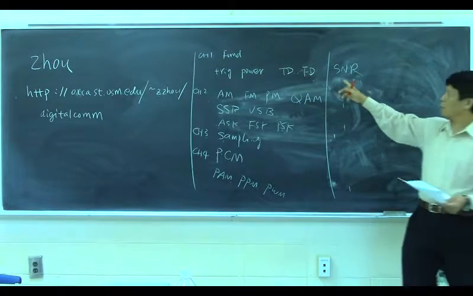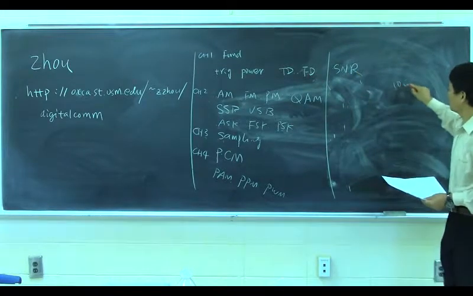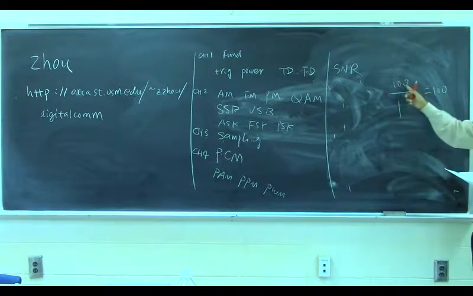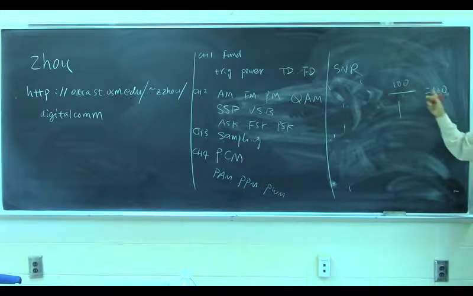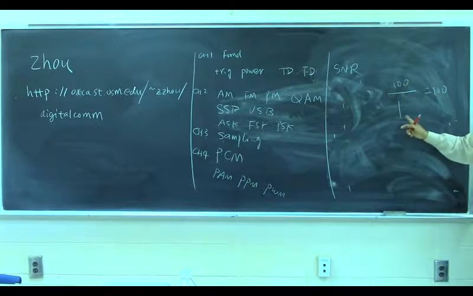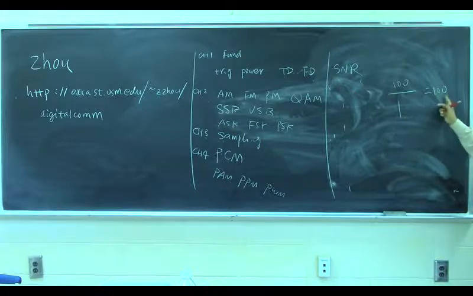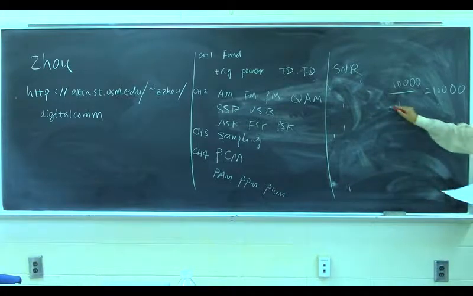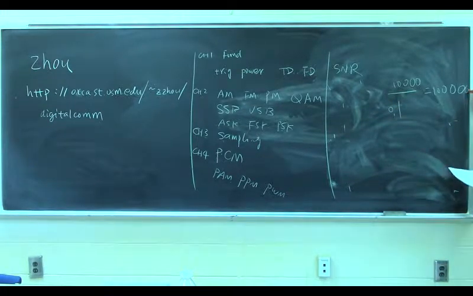For example, if the signal equals 100 and the noise equals 1, then the signal to noise ratio equals 100. That means the power of the signal is 100 times larger than the noise power. Usually this number is very, very large.